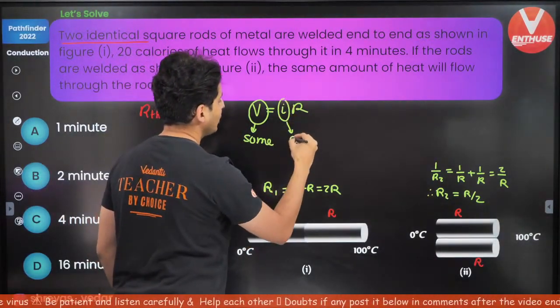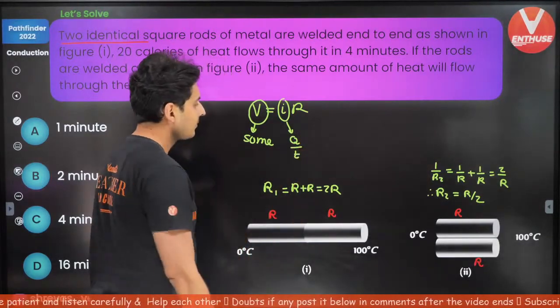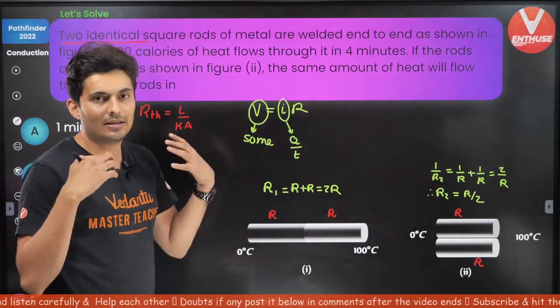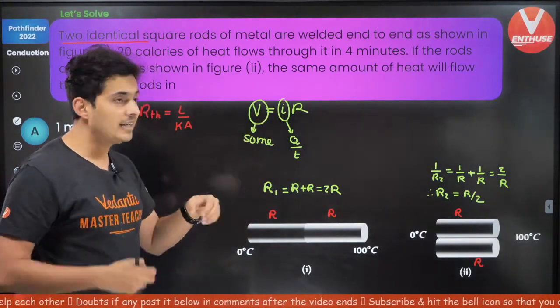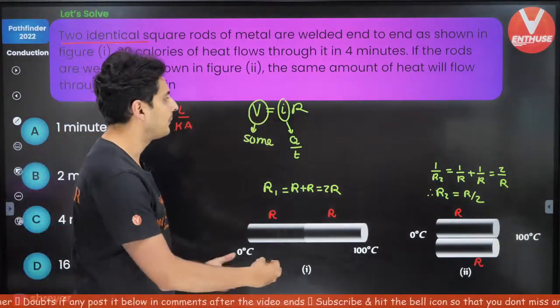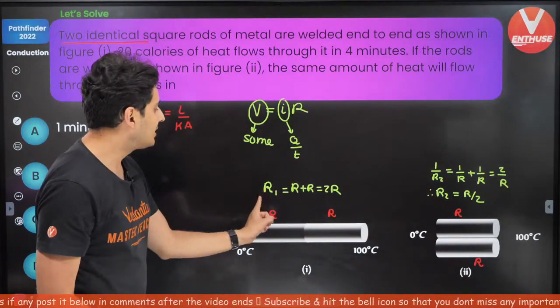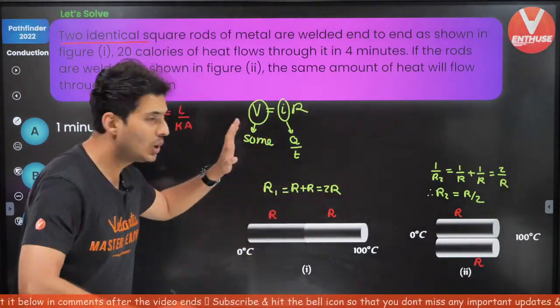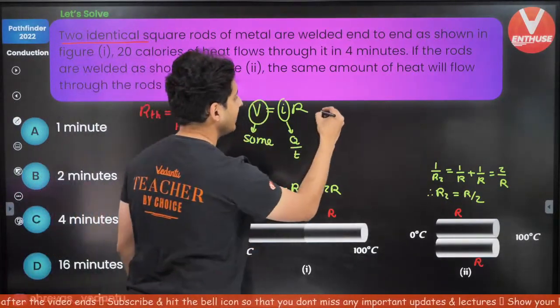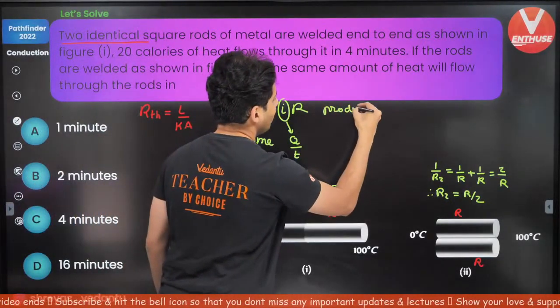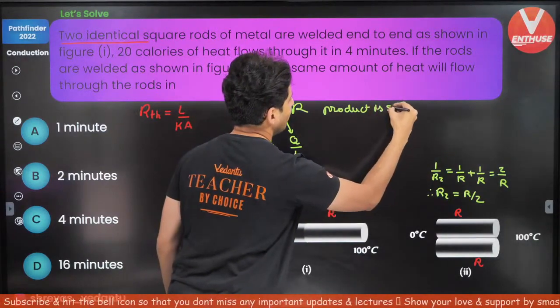It's not charge by time, that's in current electricity, but in the case of heat, it is heat flowing per unit time. And this R is R1 and R2. So I think I know what to do now. The product is the same for both.